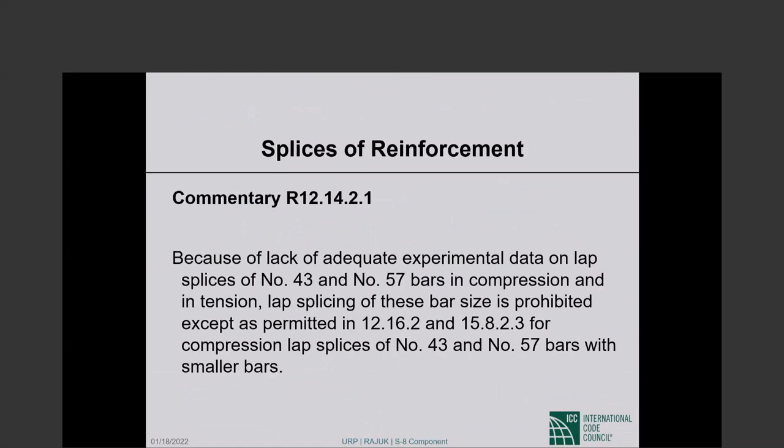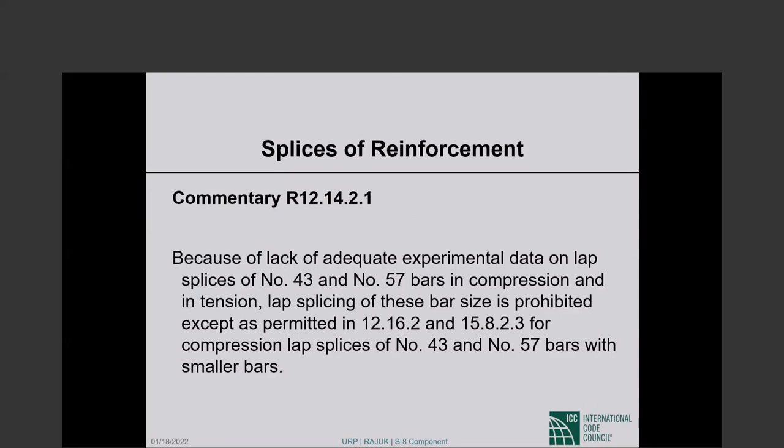Yeah, why no laps on the larger bars? Because of lack of adequate experimental data on lap splices on number 43 and number 57 bars in compression and tension, lap splicing of these bar sizes is prohibited except as permitted in those two sections for compression lap splices of number 43 and number 57 bars with smaller bars.